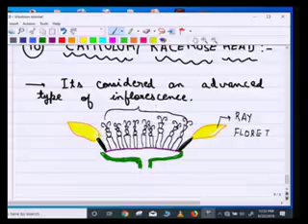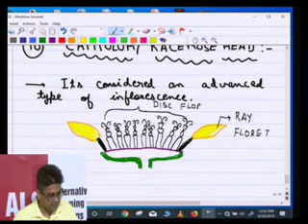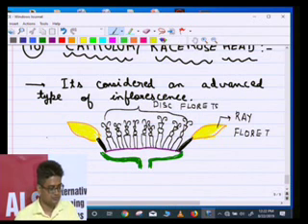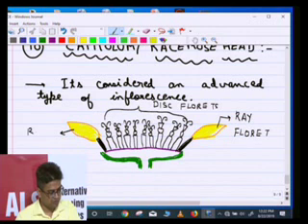The outer ones are the ray florets. You can see these are the disc florets. This is the ray floret. Each floret is a separate flower in itself.